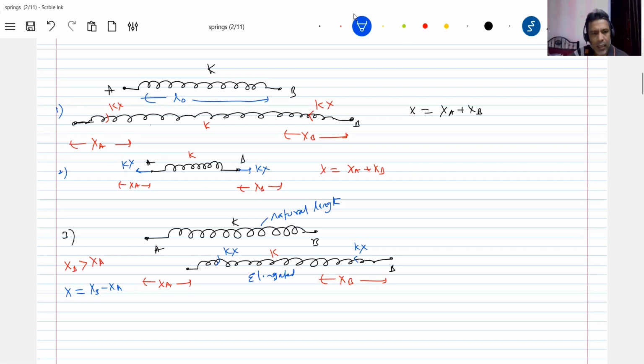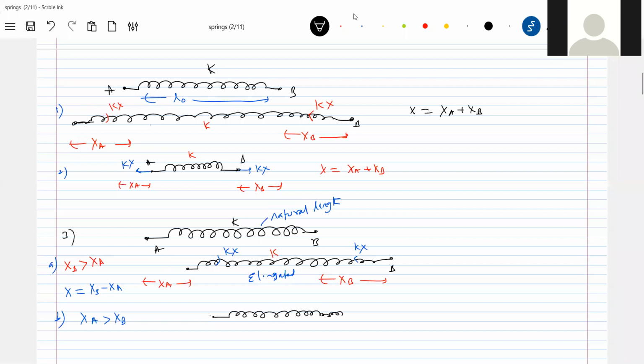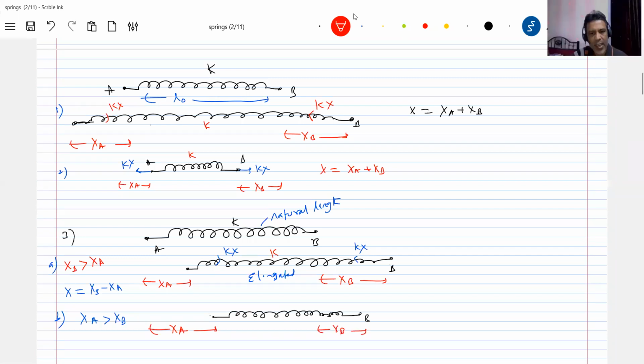Similarly, the first case A, now case B, I'll put it. If xa is greater than xb. You can see clearly here now, xa is greater than xb, no?